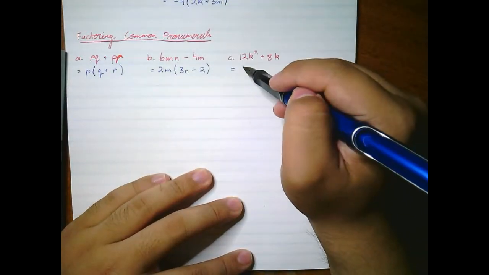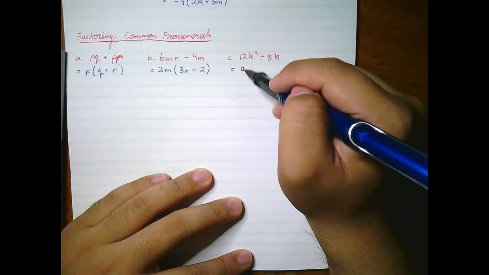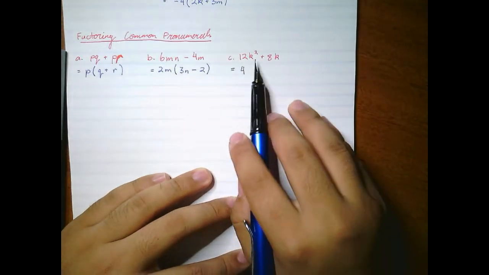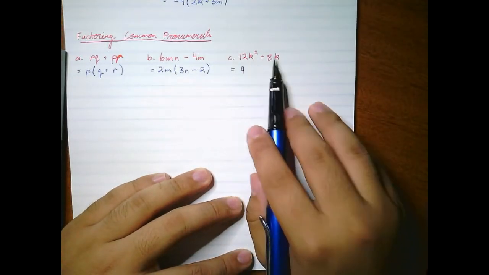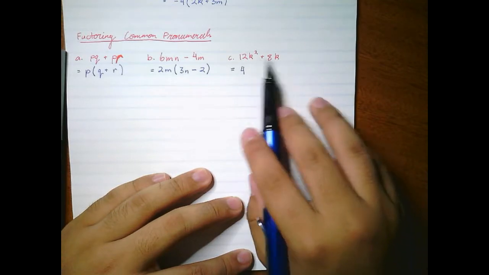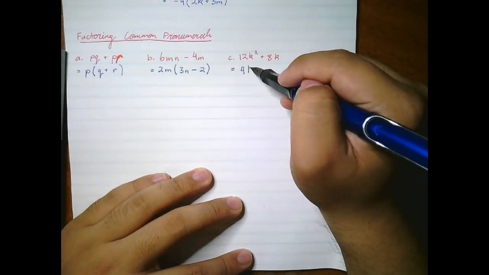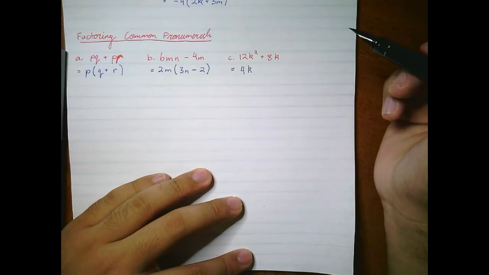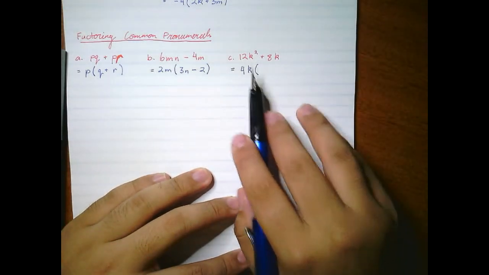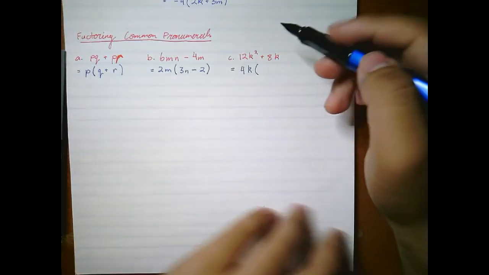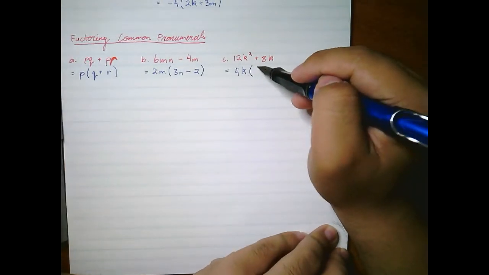You got it yet? It's going to be 4. Now, is there a common letter for both of them? Well, this one has k squared, this one has 1k, so it's going to be k. 4 times what gets me 12? Well, it's going to be 4 times 3.